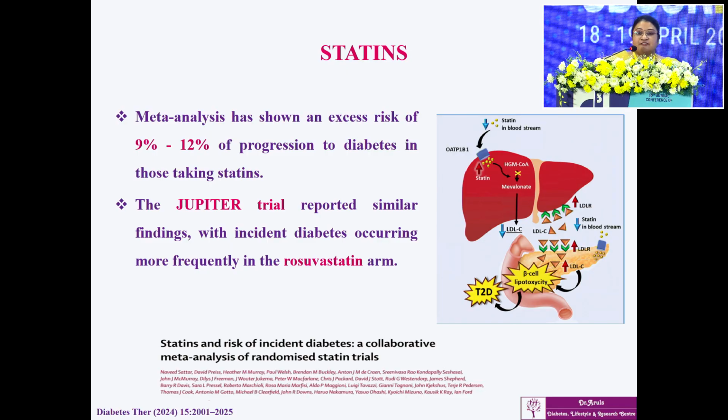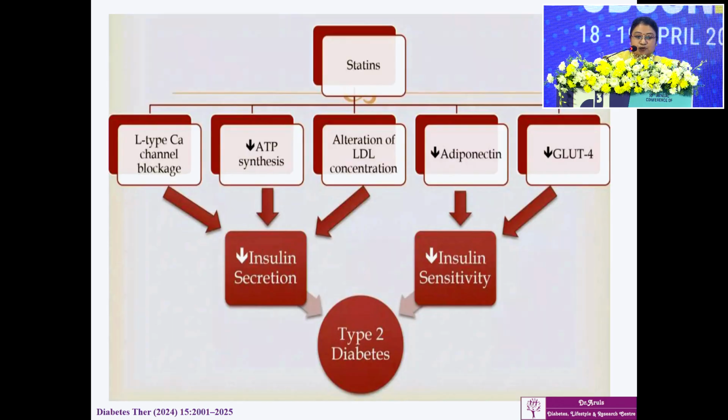Statins are a very common drug we use for most of our patients. They cause about a 12% increase in sugar levels. The JUPITER trial proves it. They mainly decrease insulin secretion and insulin sensitivity by blocking the calcium channels, decreasing ATP synthesis, decreasing adiponectin, and blocking GLUT4.